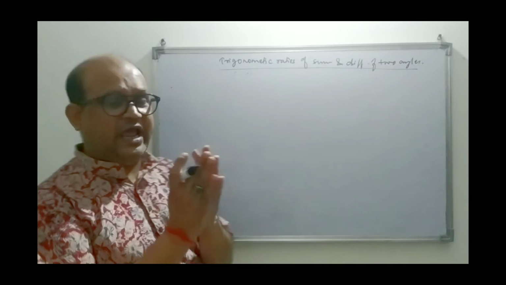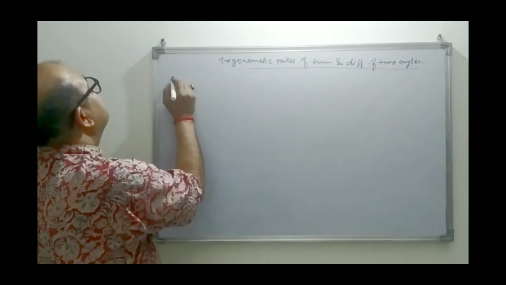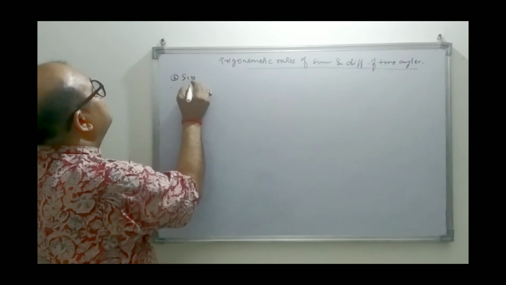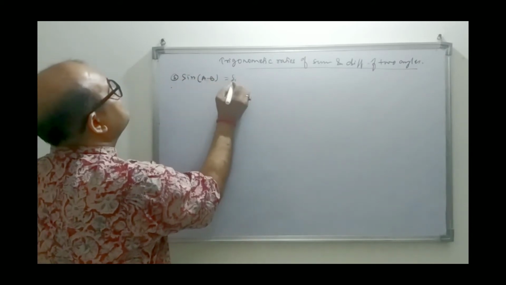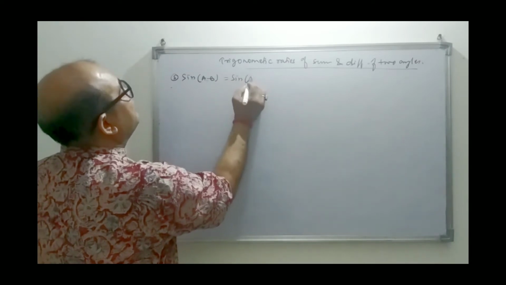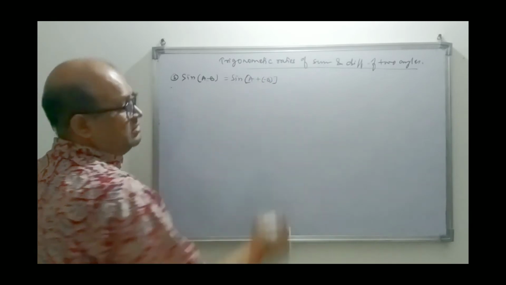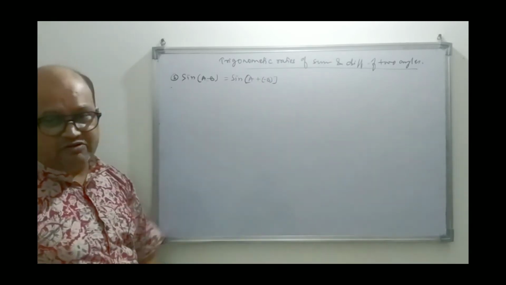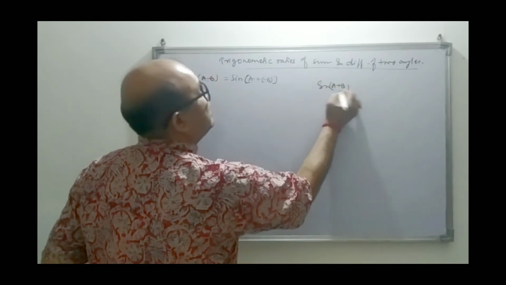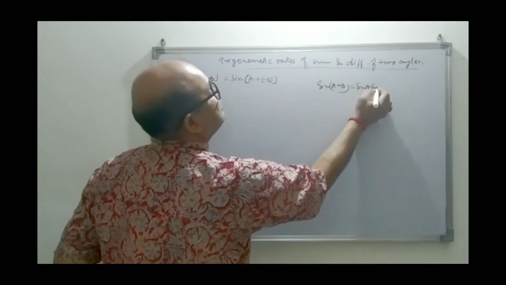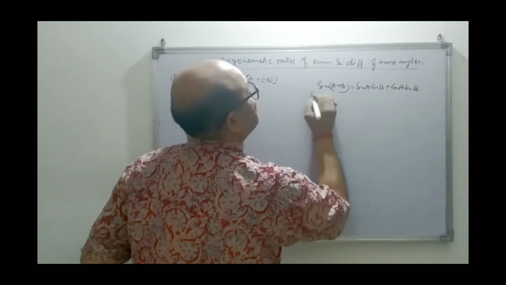Now I will find the identity for sin A minus B, the fifth one. Sin A minus B can be written as sin A plus minus B. We know sin A plus B equals sin A cos B plus cos A sin B. This is the identity we know.